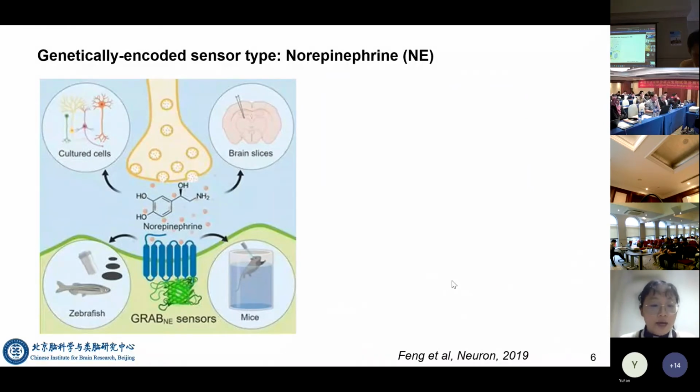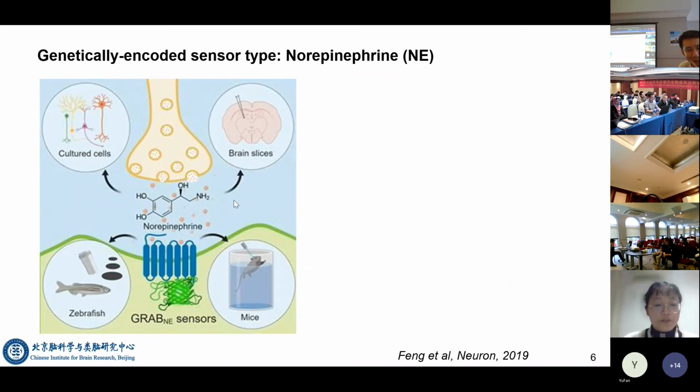And as another important monoamine neurotransmitter, we have norepinephrine. Norepinephrine is very similar to dopamine. In the structure, you can find that the difference from dopamine is only one hydroxyl group here.